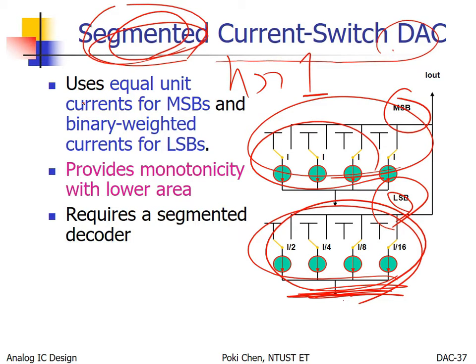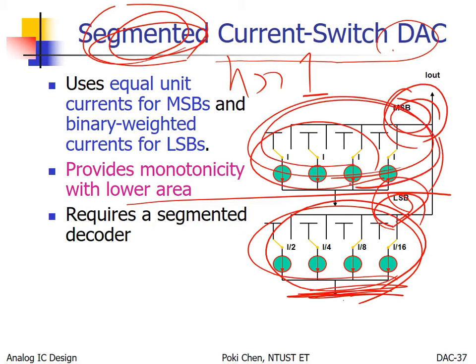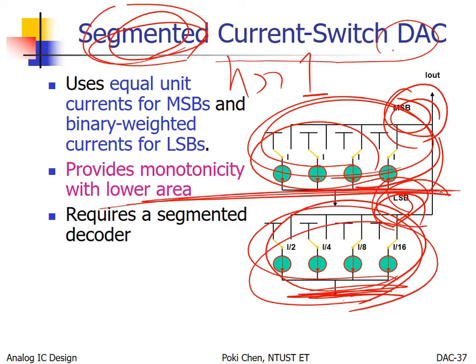Segmented means we cut the overall structure from MSB to LSB. MSB bits with unit current sources and LSB bits with binary weighted structure. There is a clear cut between MSB bits and LSB bits. So we call it segmentation.